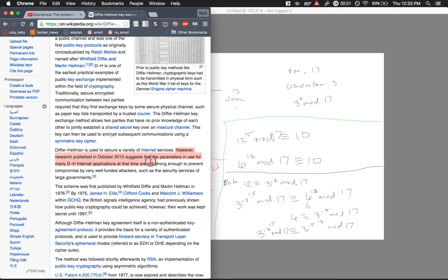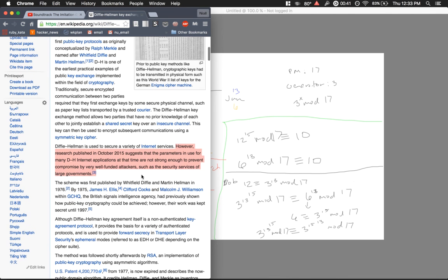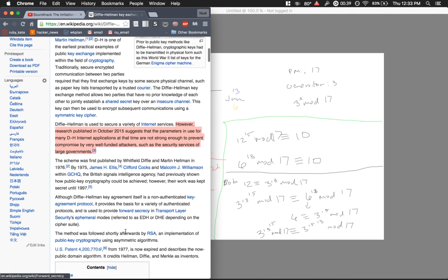However, research published in 2015 suggests that this might not be a strong enough protocol. So I do recommend looking that up. And if you really enjoyed this topic, the next really beneficial thing to learn would be RSA, because it says here the method was followed shortly afterwards by RSA.